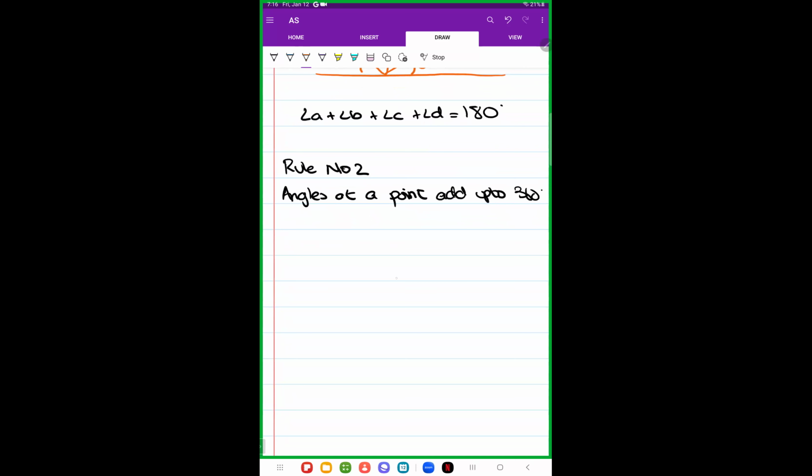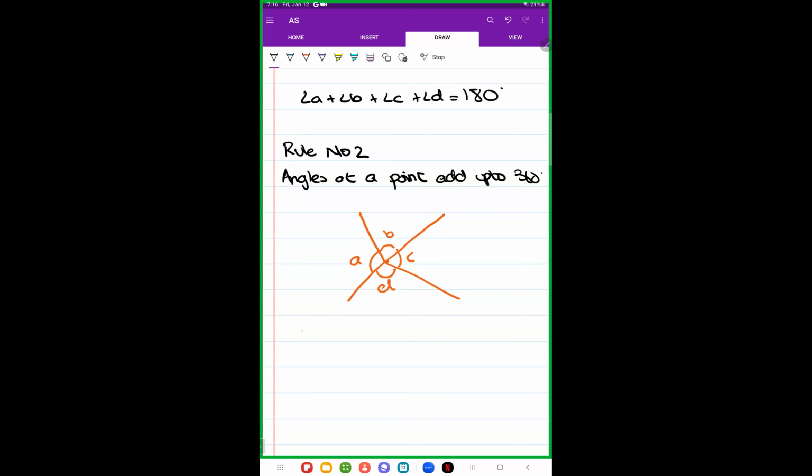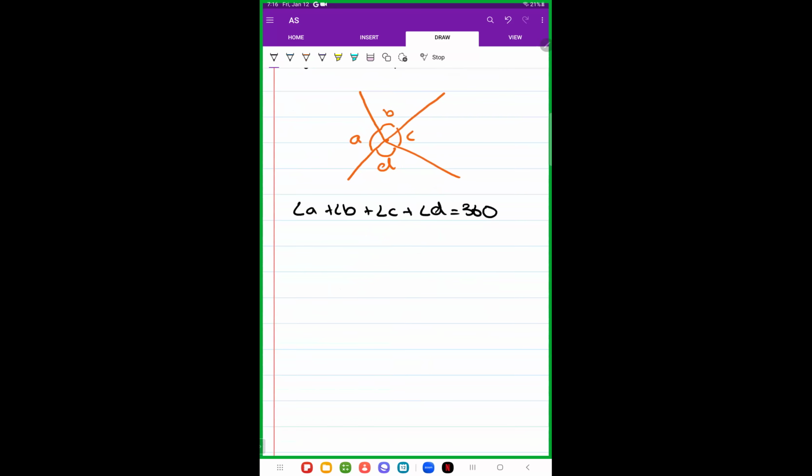For example, this is my point, and I have separate lines over here. All of these angles A, B, C, and D are coming from one point only. So angle A plus angle B plus angle C plus angle D should add up to 360 degrees. Are you clear with these two rules?